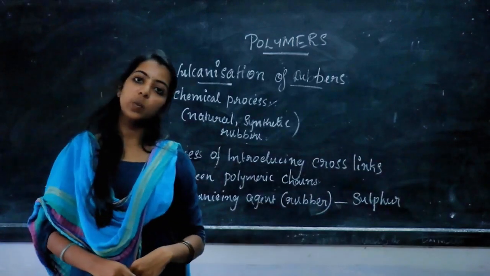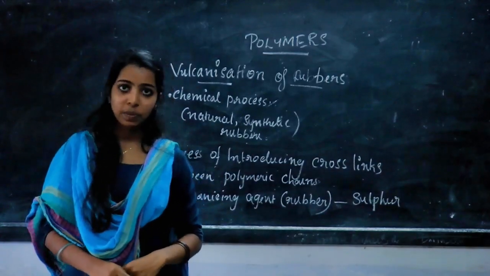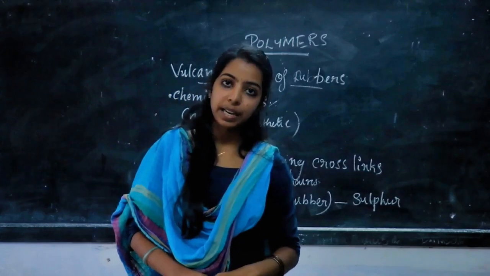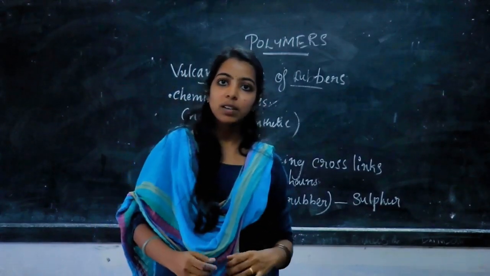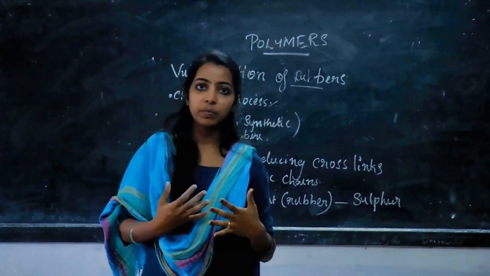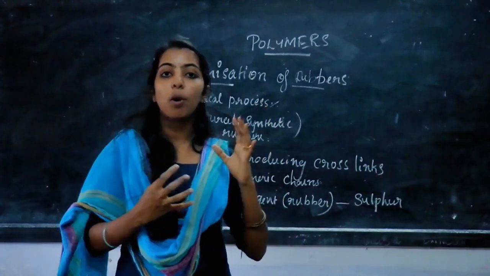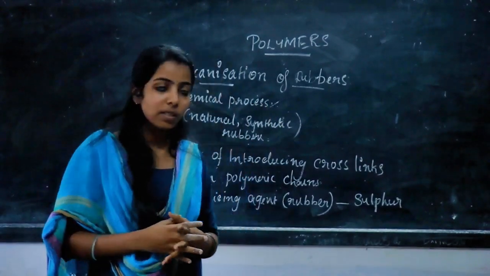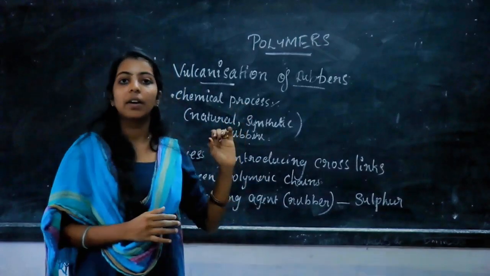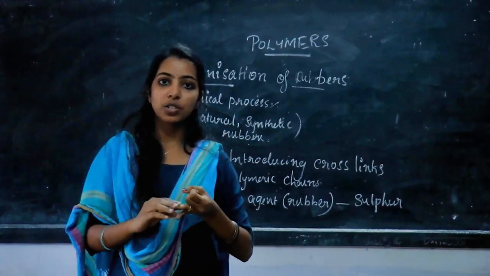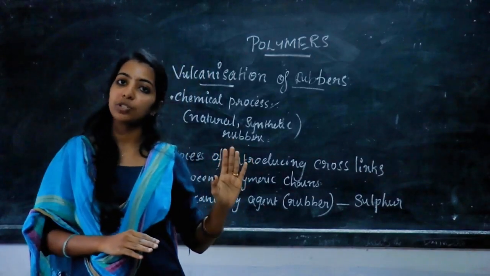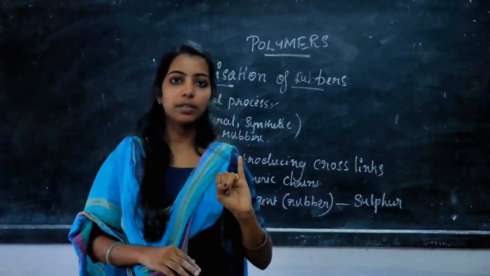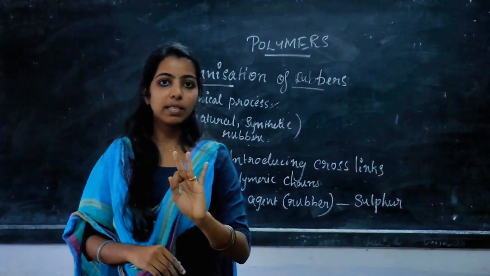So today we studied about polymers: what is a polymer, terms related with polymers, and classification of polymers. Monomers linked together form polymers, and the classifications are based on origin, structure, mode of polymerization and molecular forces. Based on origin: natural, synthetic and semi-synthetic.